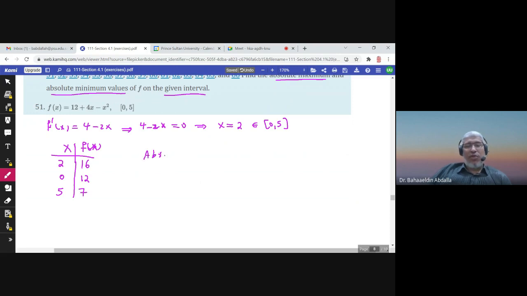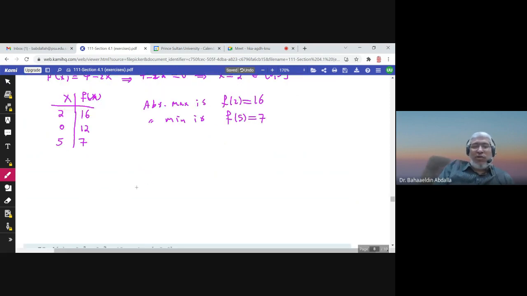So the absolute maximum of f in the interval 0 to 5 is f of 2, which is 16, because 16 is the largest value. And the absolute minimum in the interval 0 to 5 would be f of 5, which is 7. So we solved the question.